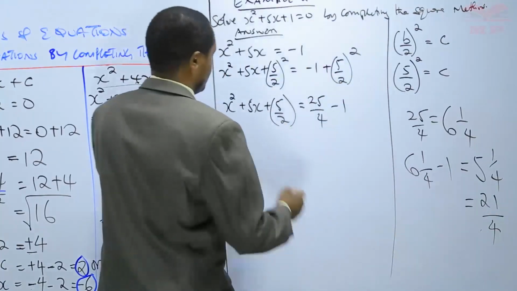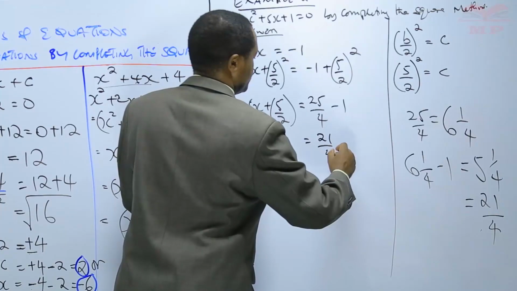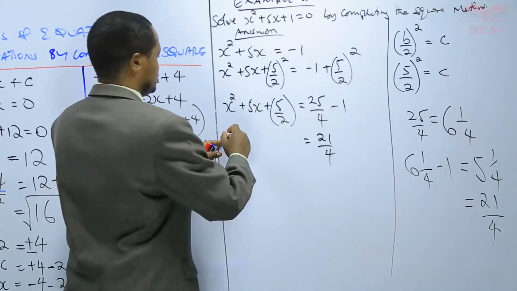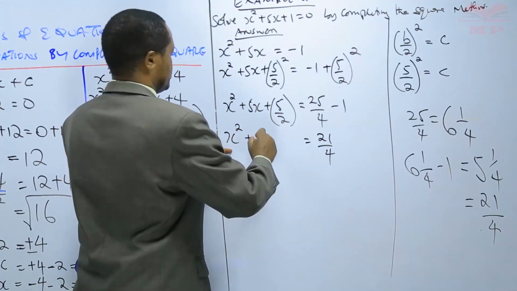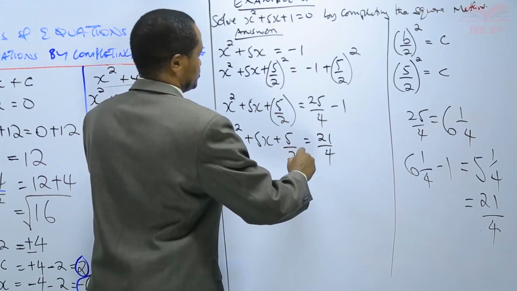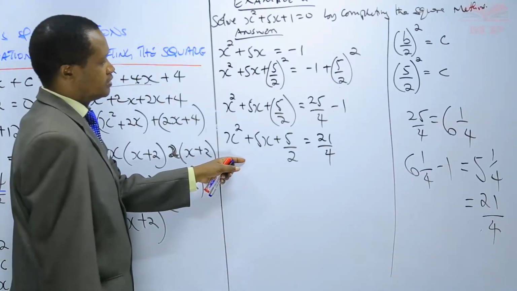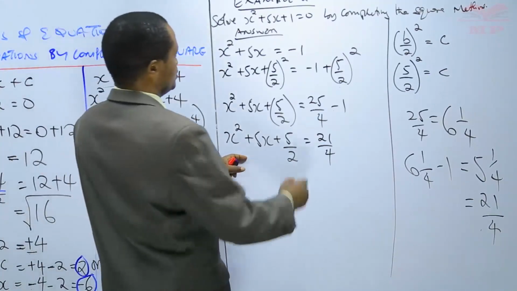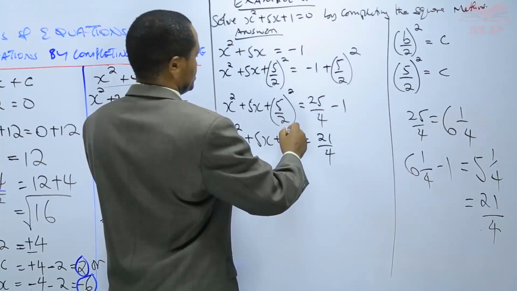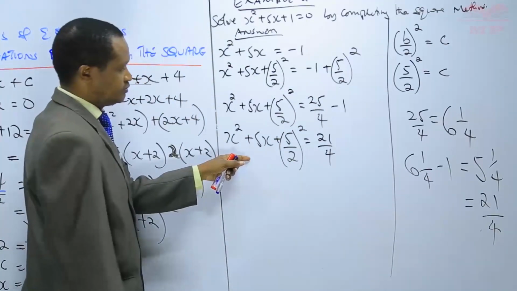So x squared plus 5x plus 5 over 2 squared is equal to 21 over 4.